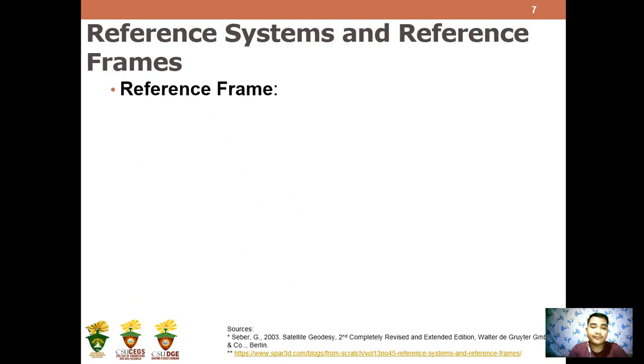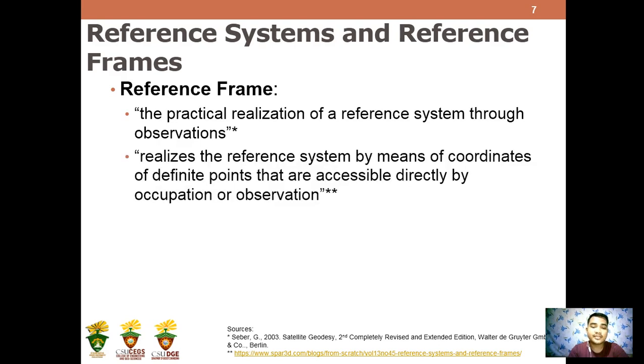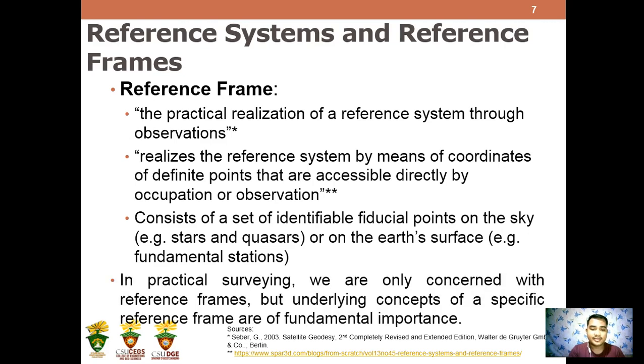And speaking of reference frame, this is the practical realization of a reference system through observations. It realizes the reference system by means of coordinates of definite points that are accessible directly by occupation or observation. It consists of a set of identifiable fiducial points on the sky, for example, stars and quasars, or on the Earth's surface, for example, the fundamental stations.